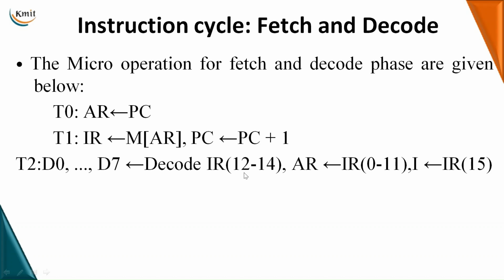The instruction register's opcode bits, bits 12 to 14, represent the opcode of a particular instruction, and are given as an input to a decoder, so that you can determine the output of the decoder, whether it is D0, D1, or so on to Dn. Bits 0 to 11 represent the address of the instruction, so that is copied into the address register, whereas the 15th bit of the instruction present in the instruction register is copied into the I flip flop.